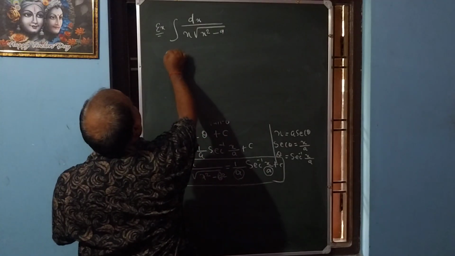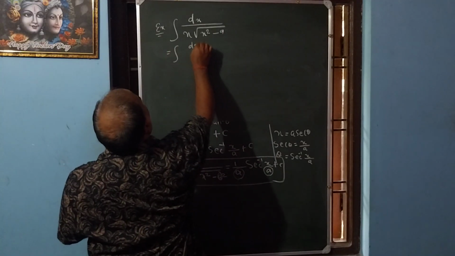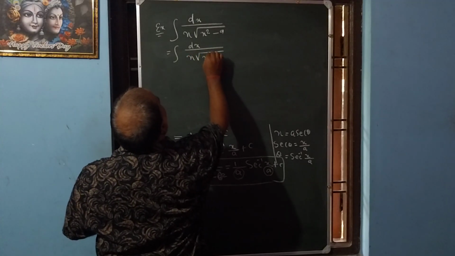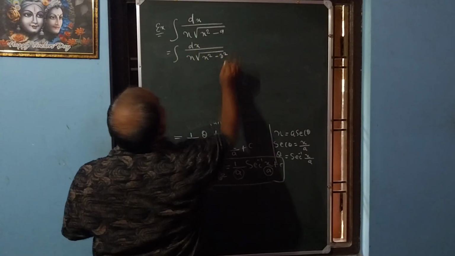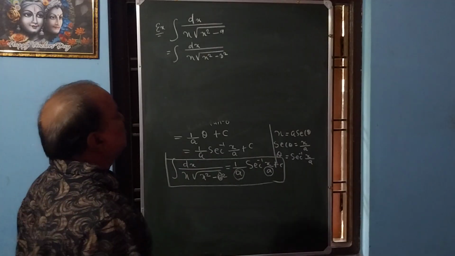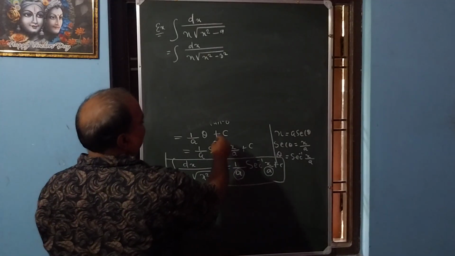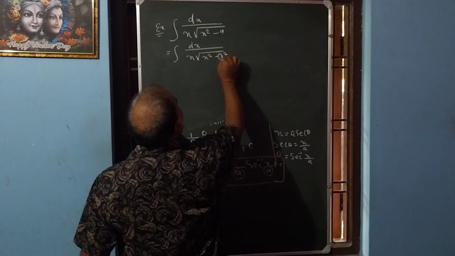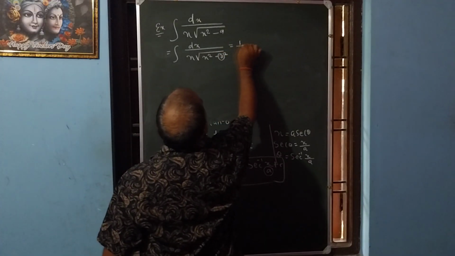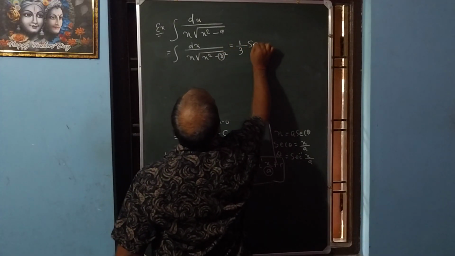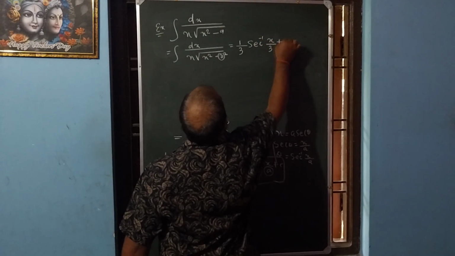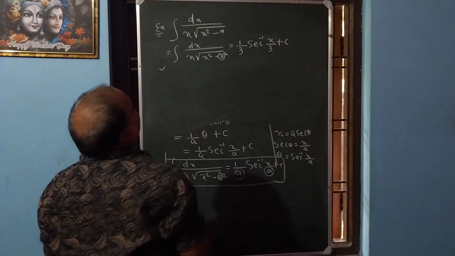So we get integration of dx upon x root over x square minus 3 square. A is here 3. The formula is 1 by a sec inverse x by a, so this constant 3 will be divided: 1 by 3 sec inverse x by 3 plus c. This is the answer.